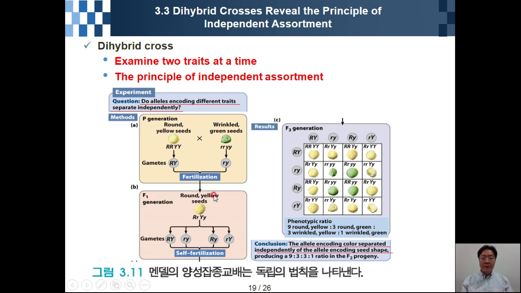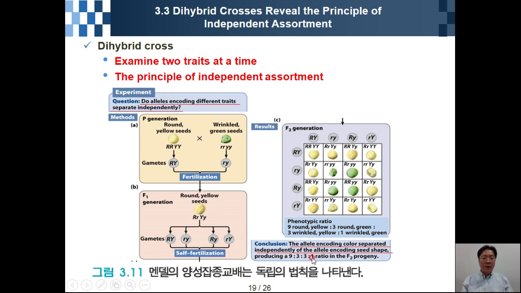So he did self-fertilization. And finally, he found the ratio 9 to 3 to 3 to 1.